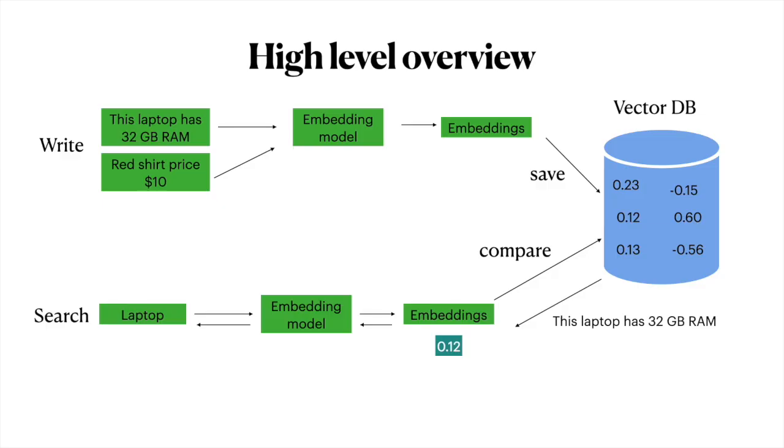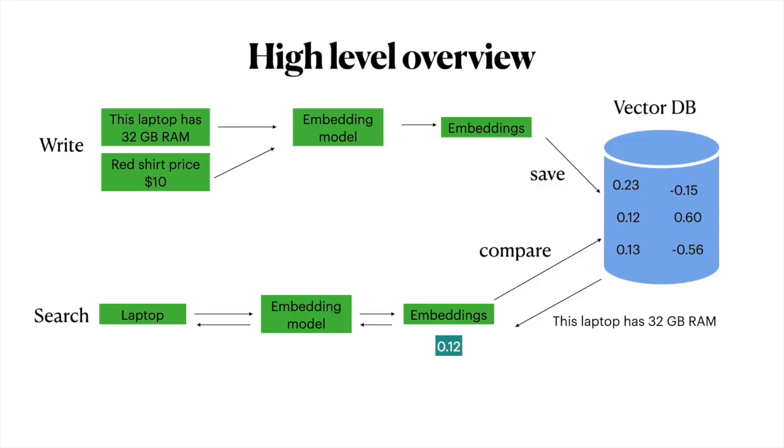On the search side, the user will give some random input. For example, the user is searching for laptop. That input will go to the embedding model, and we will generate embeddings for it. For example, 0.12 is the embedding. It could be one or more, but for the sake of simplicity, I'm using one here.